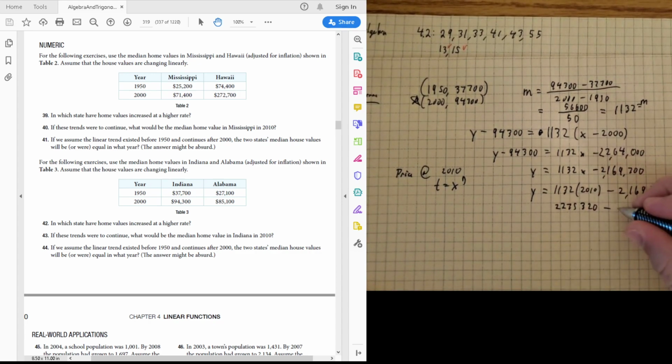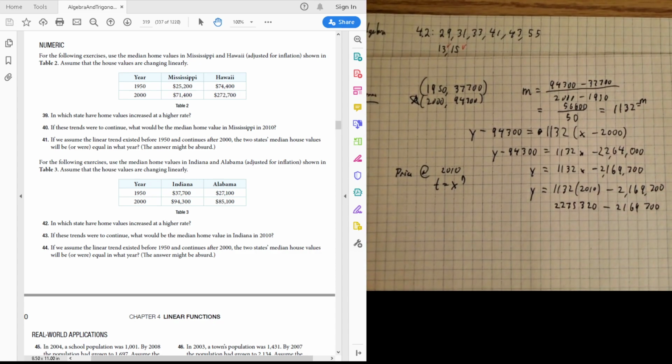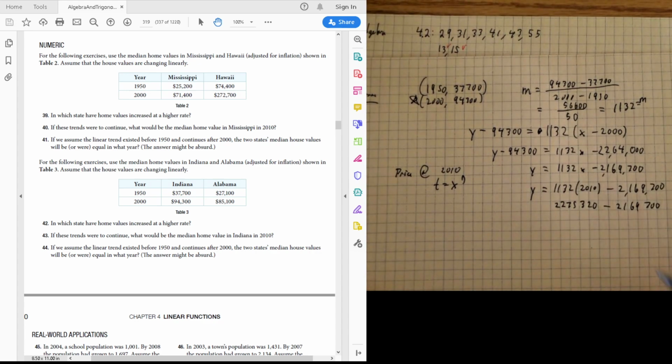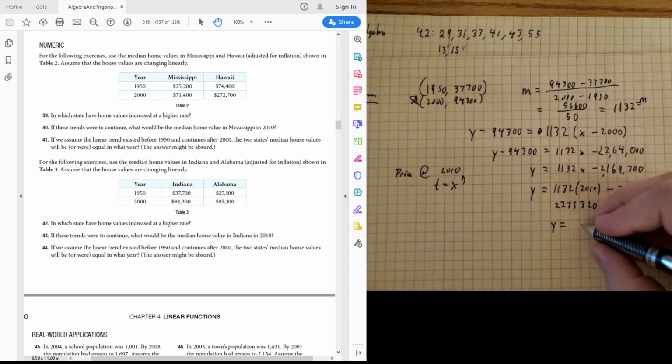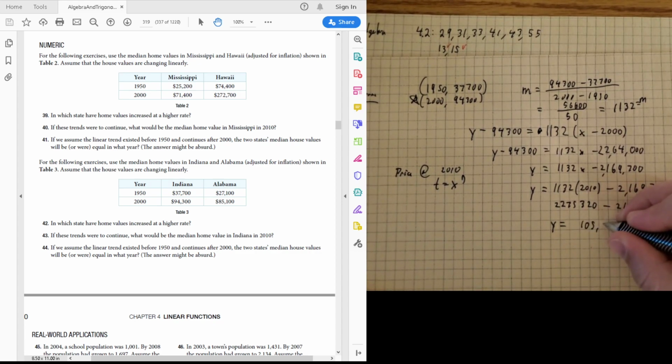2275320 minus 2169,700. I then subtract those two. So 2275320 minus 2169,700. I get an answer of, in the year 2010, my value for y should be 105,620.